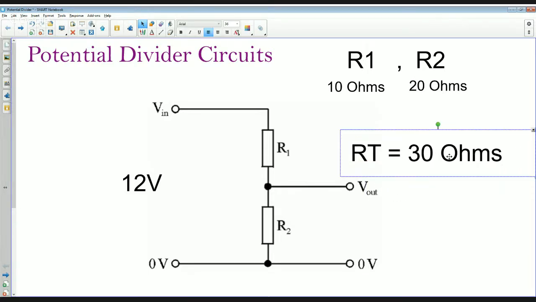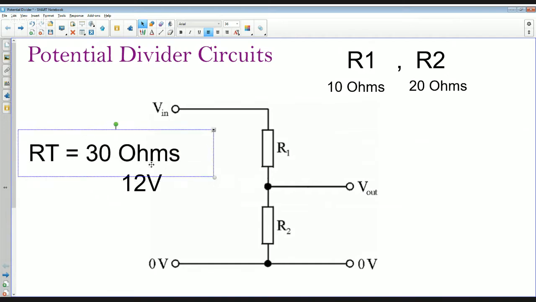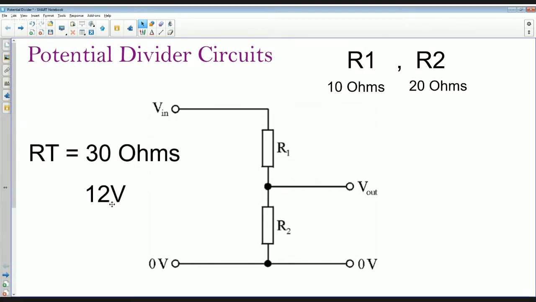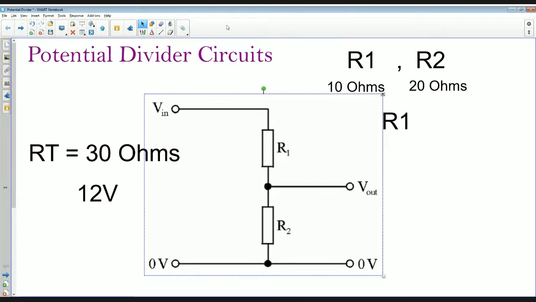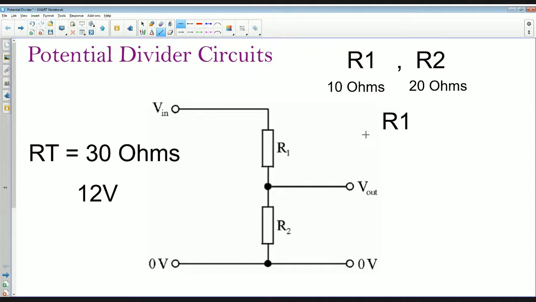Now, what we're saying is that if RT was 30 ohms, the potential difference across the 30 ohms is actually 12 volts. So therefore, what is R1 over RT?